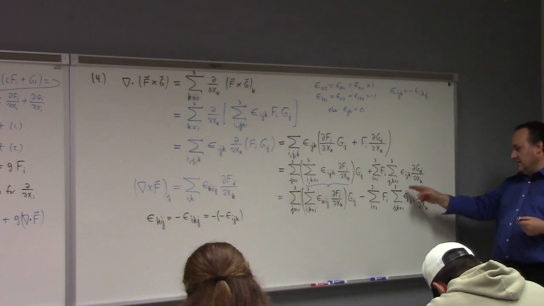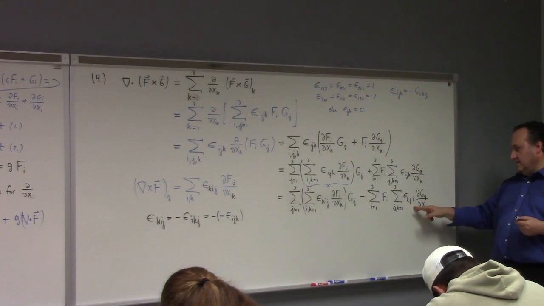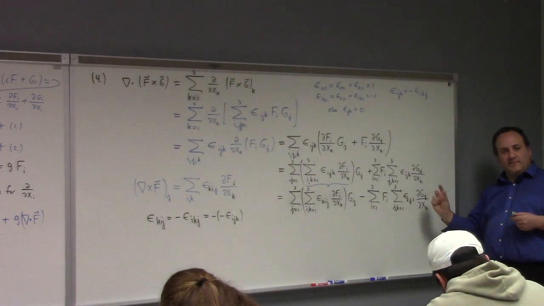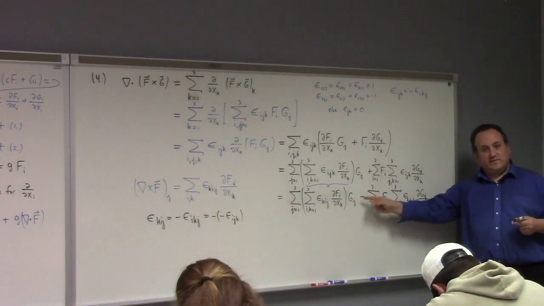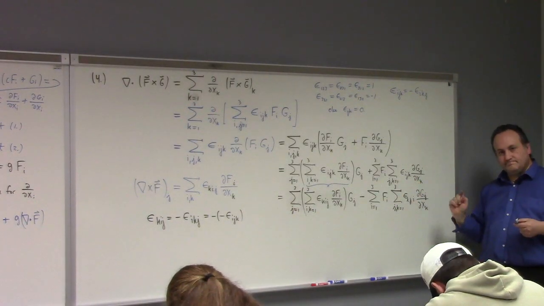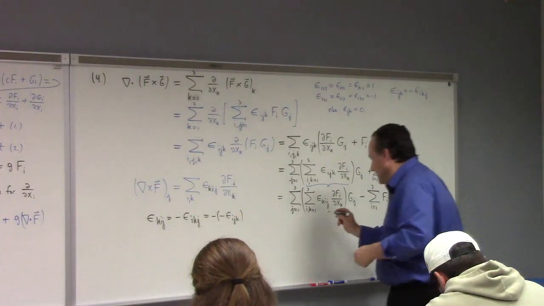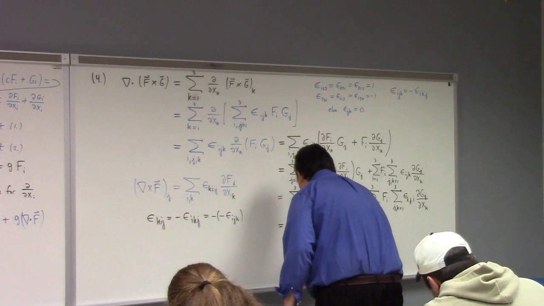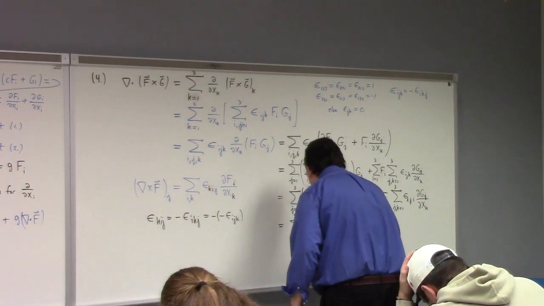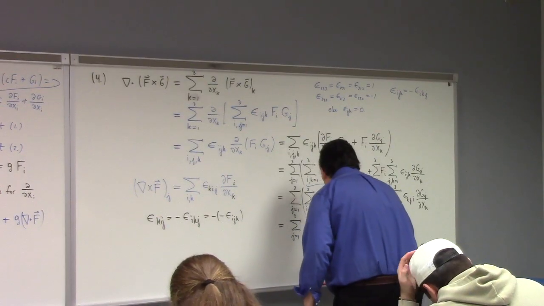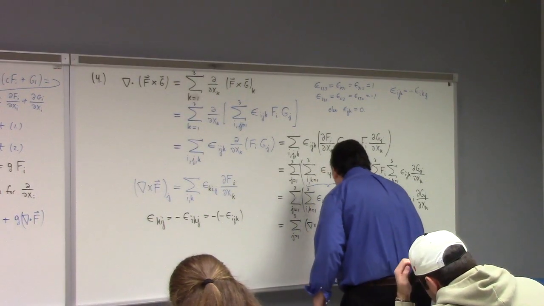Now, notice that to get from ijk to kji, I just swapped the outer pair, right? So that's why there's a minus. It's just one transposition of indices. All right, so now we're done, almost, because what we have is the sum over j equals 1 to 3 of the jth component of the curl of f, times g sub j.